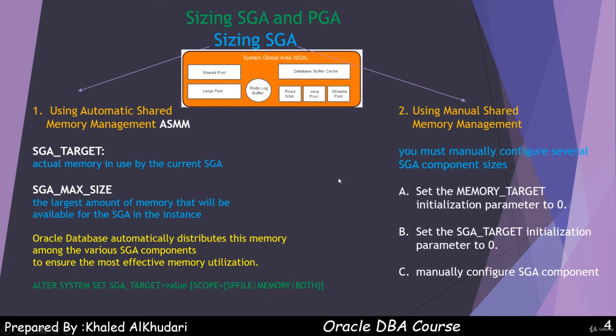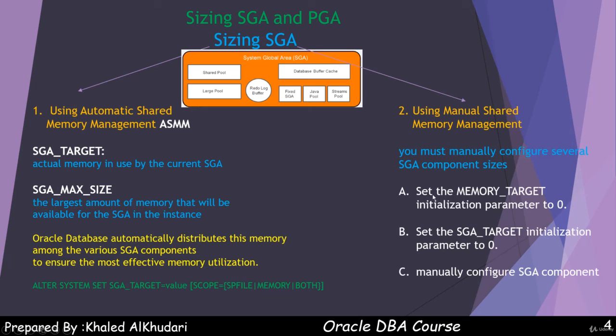Now another way is manual shared memory management, and this needs a very expert DBA. A fresh DBA needs a lot of time to understand all these things, so most DBAs use the first method, which is automatic. But in the manual method, you must manually configure several SGA component sizes. So how can we do it manually?